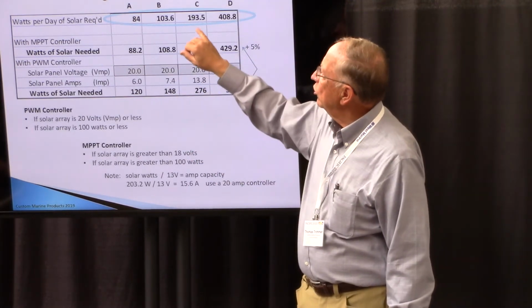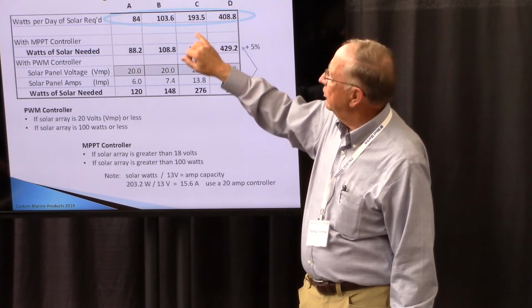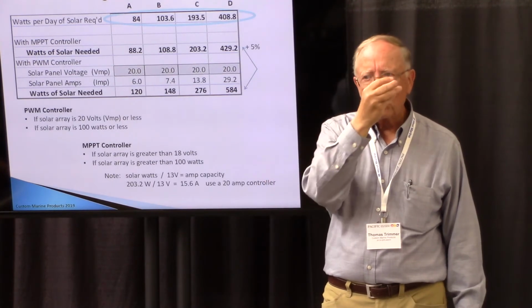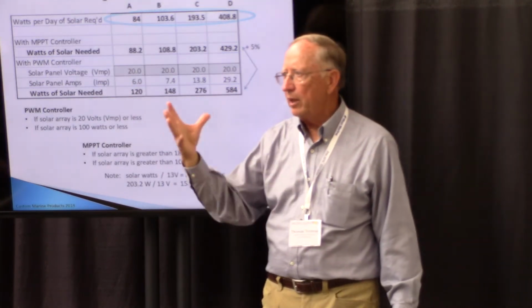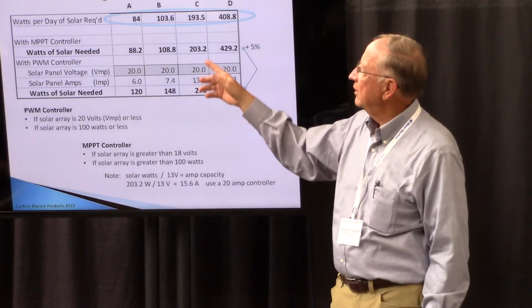So I'm really going to go from that 193 number we came up with to about 203. So I'm going to compensate for some voltage loss in the wire, and some inefficiency in the controller in adjusting the voltage and amperage.